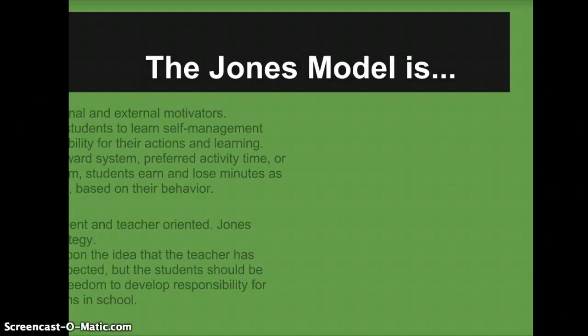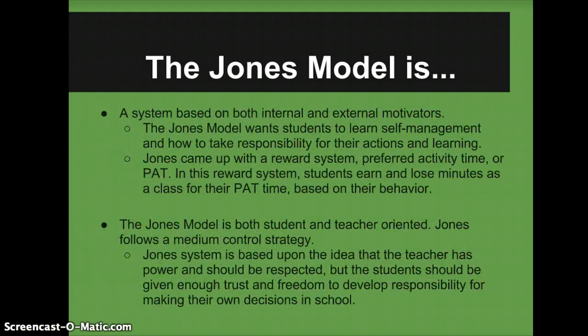So we're moving along. In summary, the Jones model is a method that works with both internal and external motivators. You want students to have a sense of responsibility and take control of their actions and whether they learn.